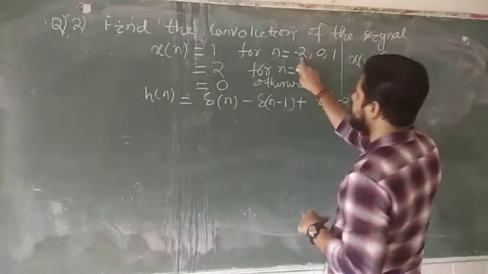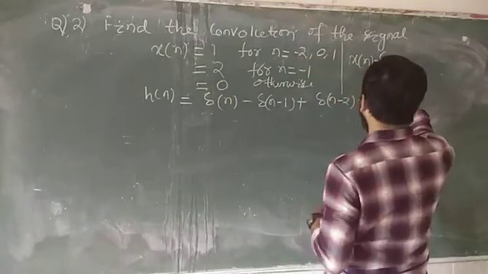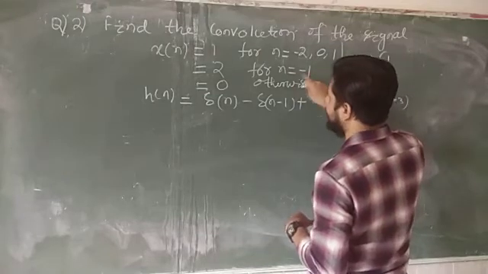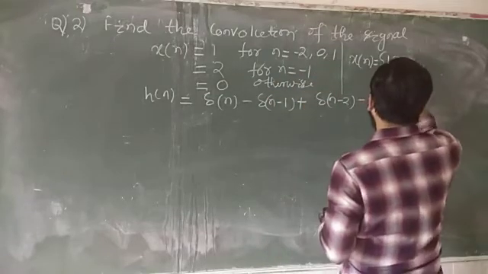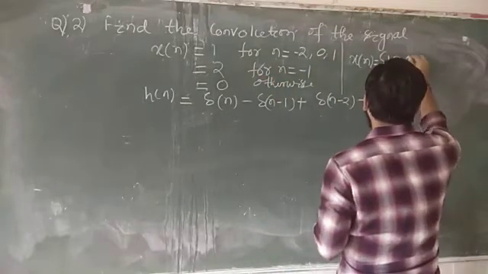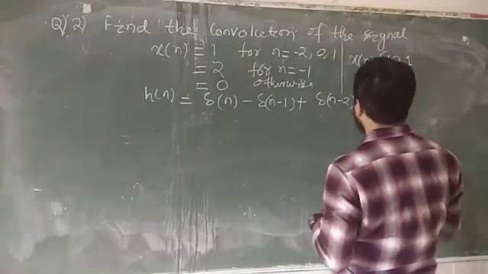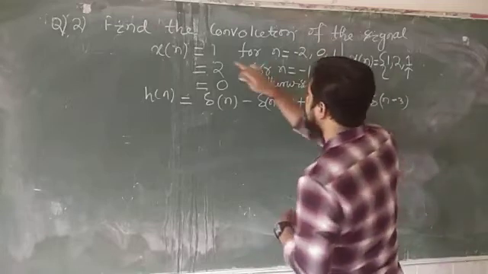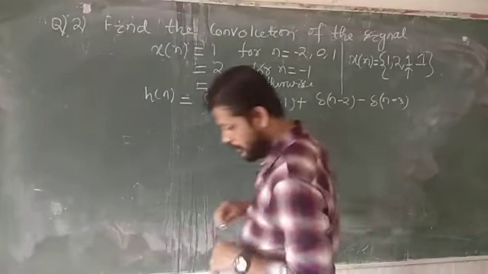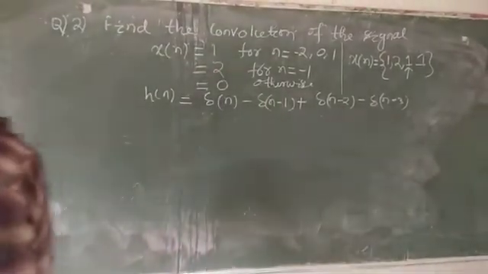The least value is minus 2, so at minus 2 the value is 1, then at minus 1 the value is 2, at time 0 the value is 1, and of course you have to put the arrow mark here, and at time 1 the value is 1. So this is the sequence representation of this signal.